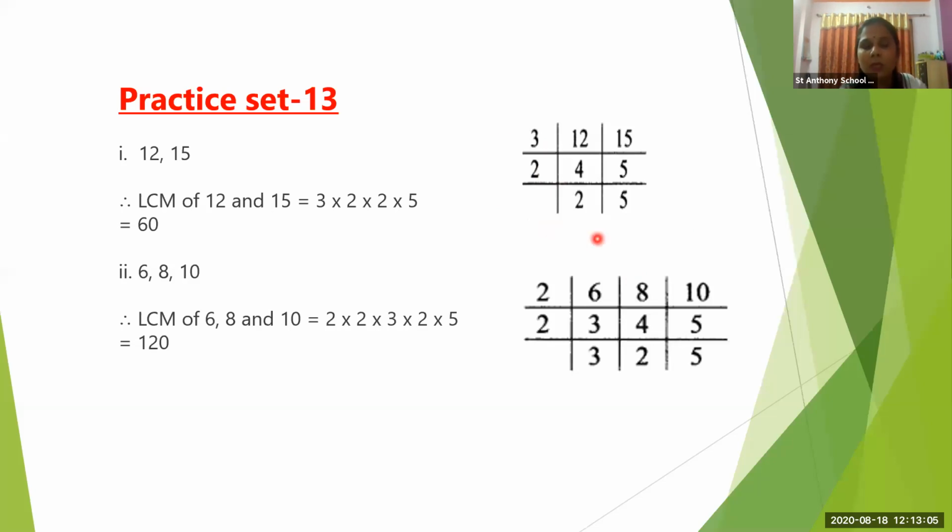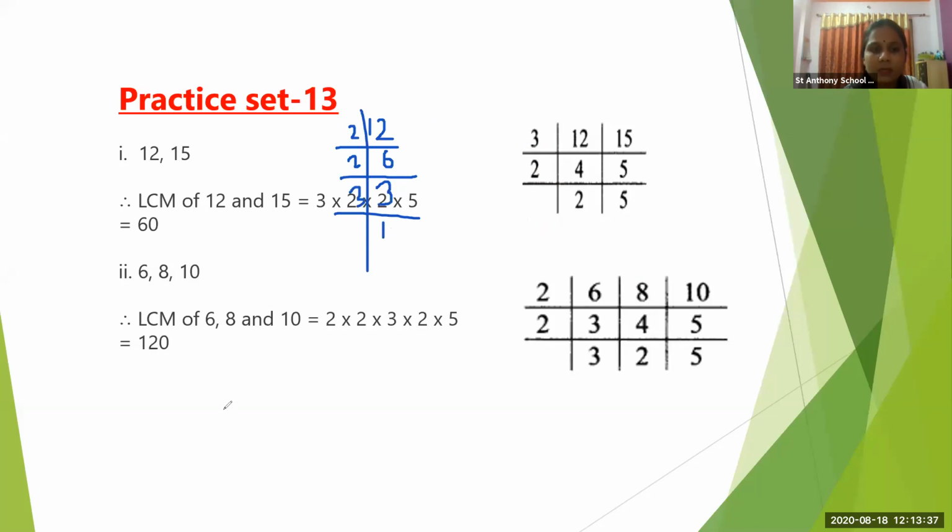So a better way, if you want to find HCF, let me give you one example. If you want to take HCF of 12 and 15, so what you are going to do is write 12 here. First find the factors of 12. So how many factors are there? 2 sixes are 12, again 2 threes are 6, and here it will come 3 ones are 3.